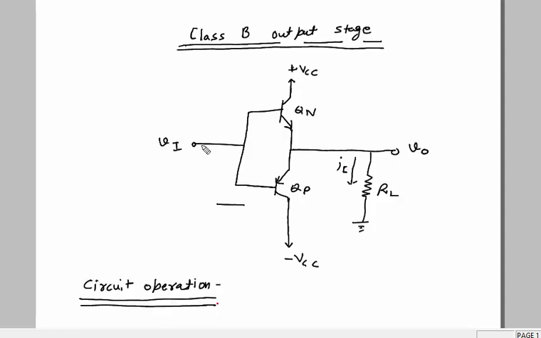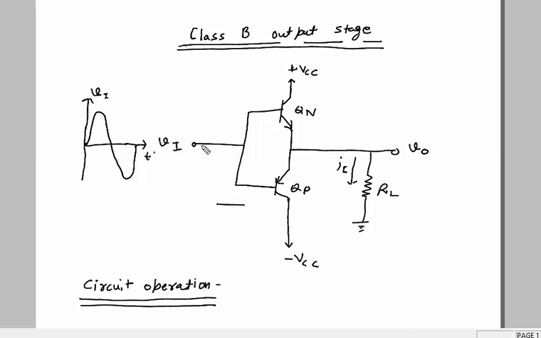Now let us see the circuit operation. First let us assume that the input is a sine wave. To explain the circuit operation I am going to consider only ideal conditions. Let us introduce the practical concerns later. Suppose this is the input we have applied over time.